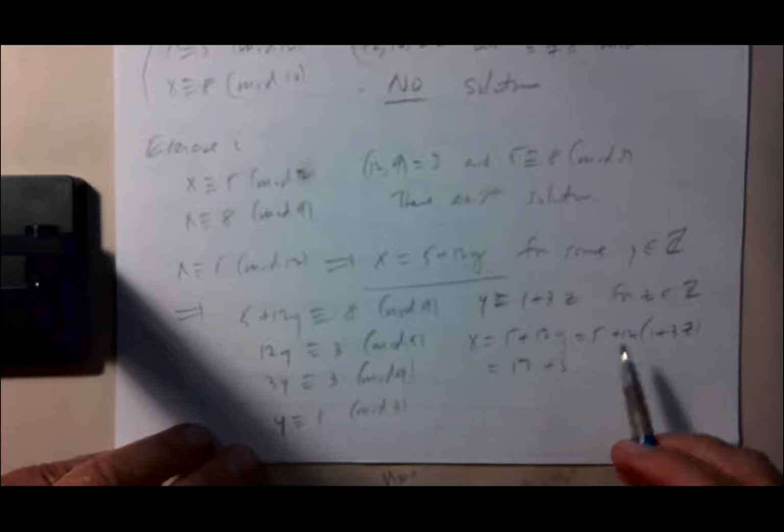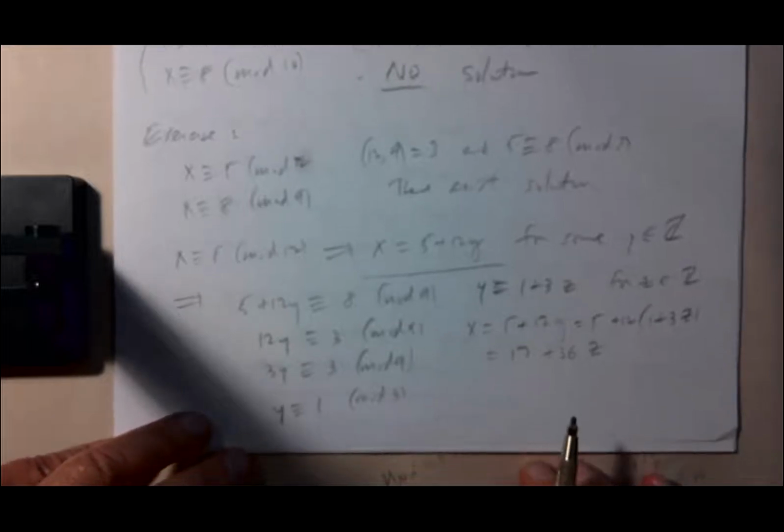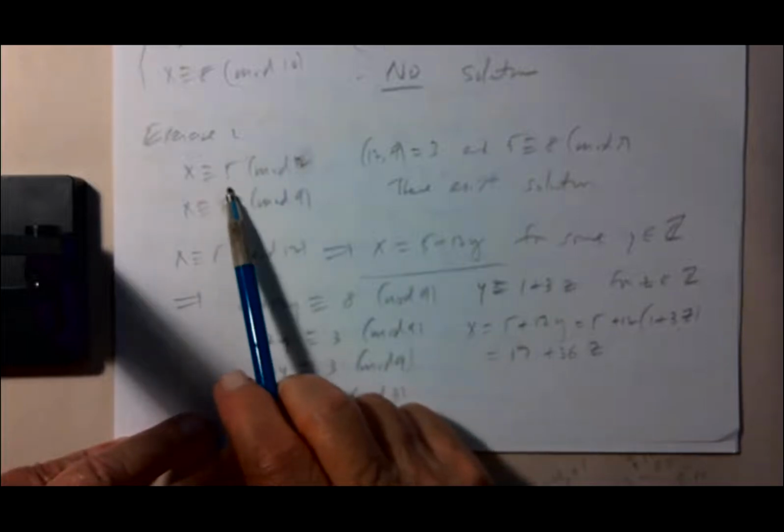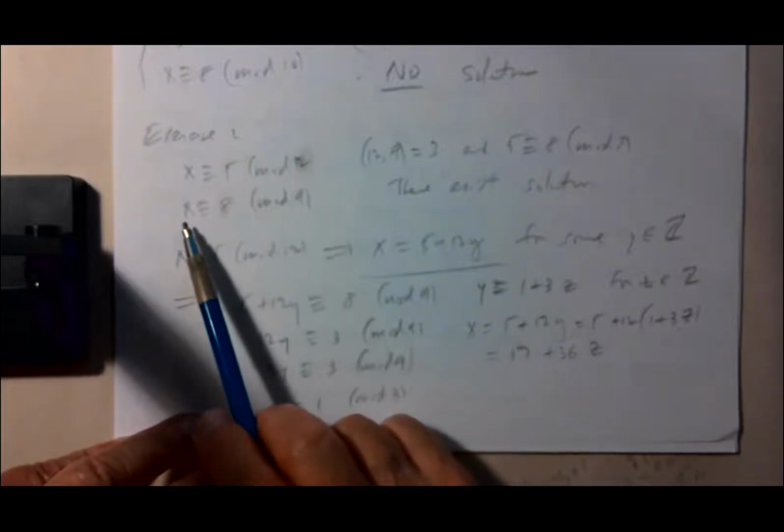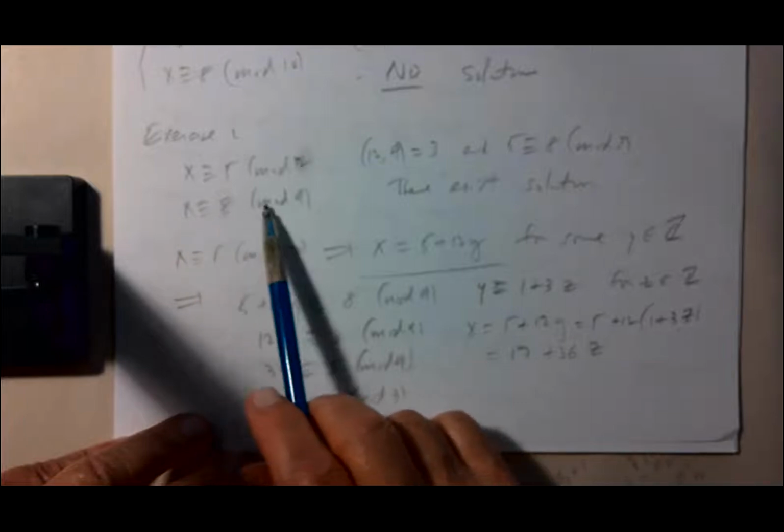This is 5 plus 12 is 17 plus 36z. And so first of all, 17 is a solution. 17 minus 5 is 12. 17 minus 8 is 9.